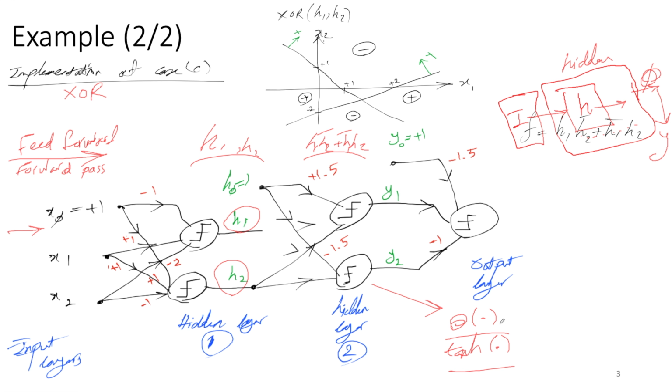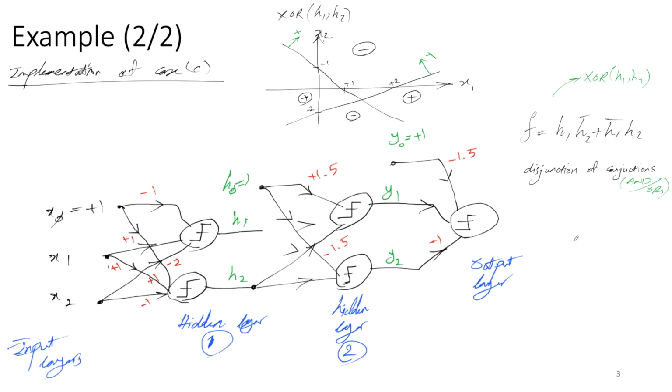Okay, so in this case, let me just get rid of this. Our output function was representing an XOR for us.